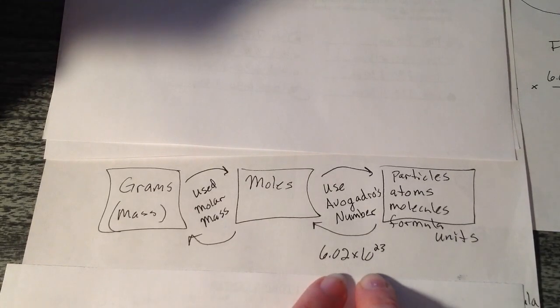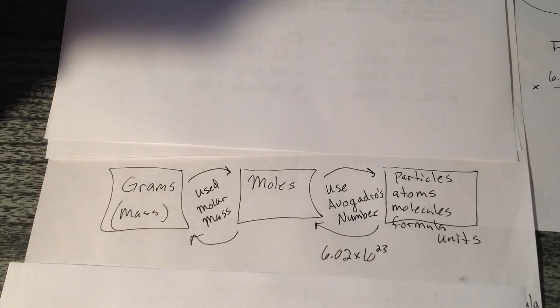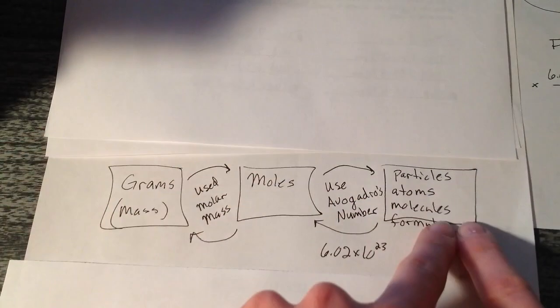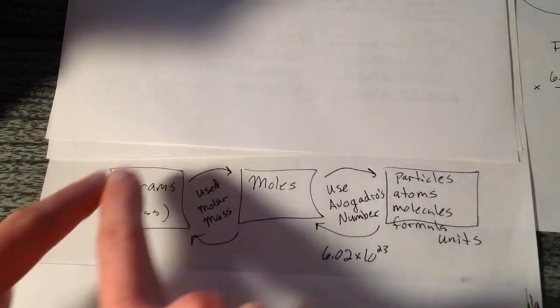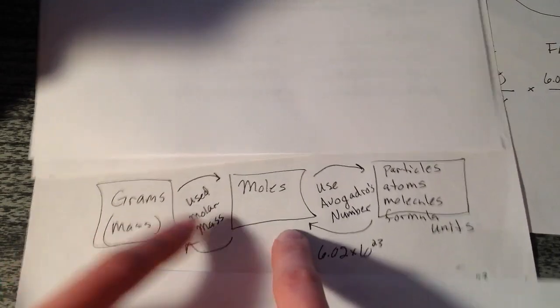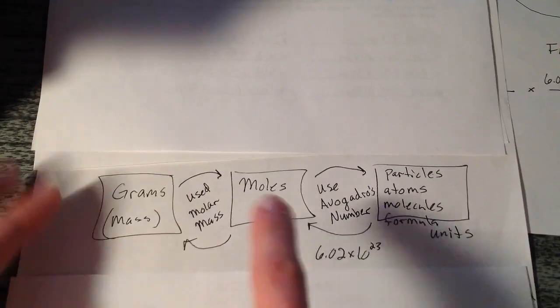That would be our conversion factor. And if we need to start in grams and end here, or start here and end in grams, then we would have to go through moles in order to do that.